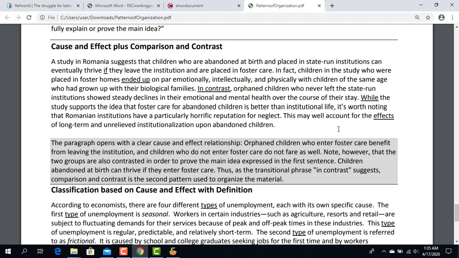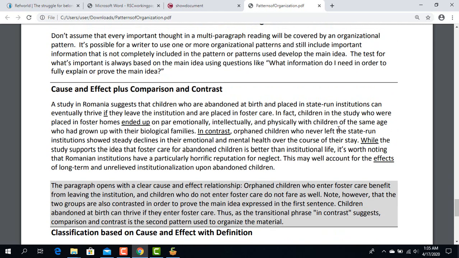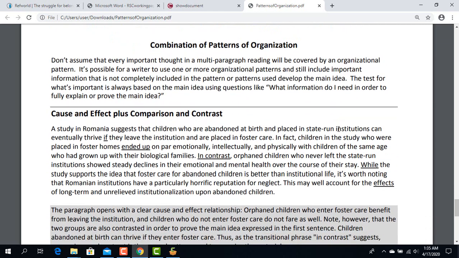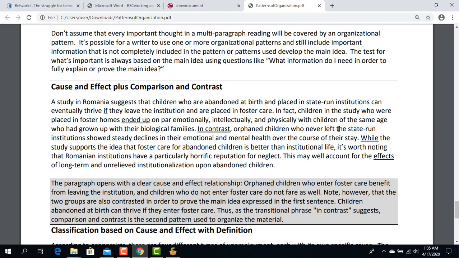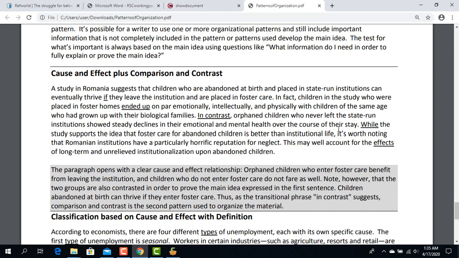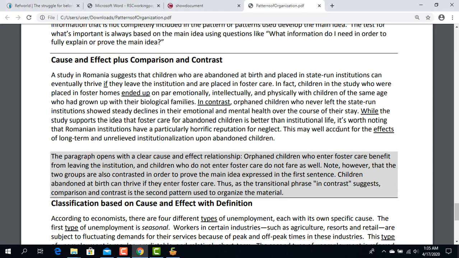Now, I'm going to give some examples here for paragraphs. Maybe here we have cause and effect. A study in Romania suggests that children who are abandoned at birth and placed in state-run institutions can eventually thrive if they leave the institution and are placed in foster care.